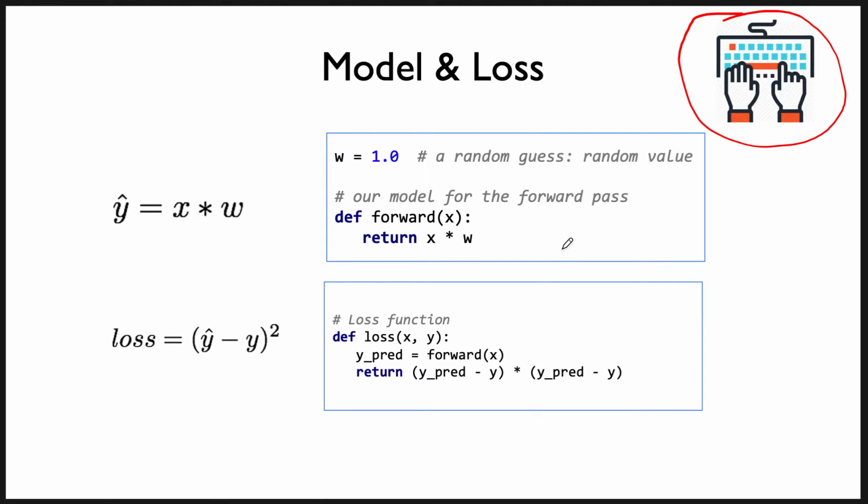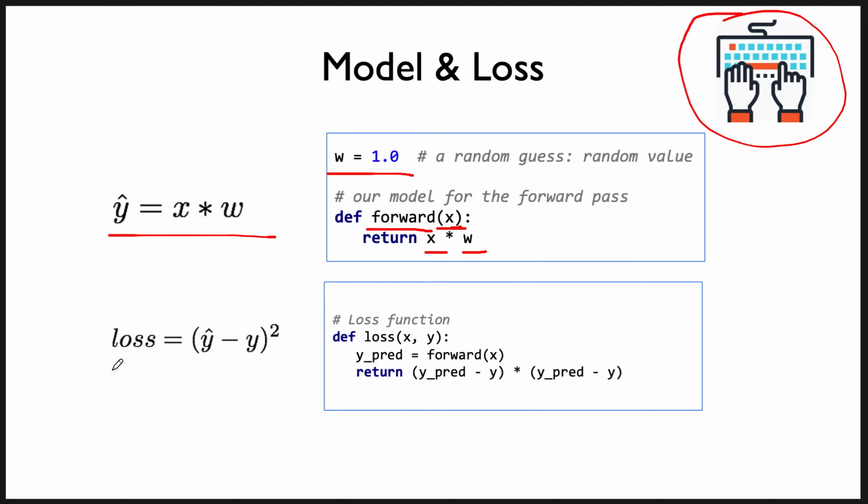First, we have defined the model. Basically, x is the input. So we are going to make this a function in Python, forward, which gets x as the input and returns the output automatically. It's very simple, x times w. The w in our case can take any random value, such as starting with 1.0.